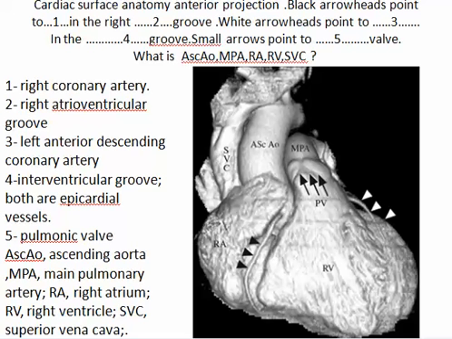So the new items here are the right coronary running in the right atrioventricular groove between the right atrium and the ventricle, and the left anterior descending artery, or the LAD, running in the interventricular groove. So we have the right coronary and the LAD.